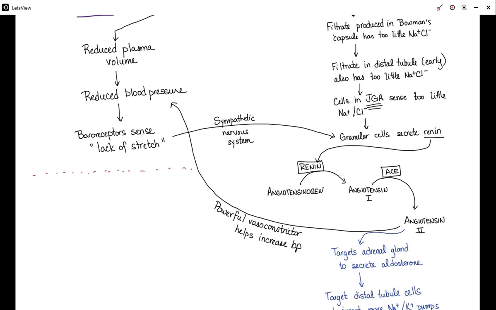And I have mentioned it in a prior lecture when talking about ways that we can control GFR, or glomerular filtration rate. So this sympathetic override, again, is only going to happen when blood pressure is dangerously low, not just a little bit low.